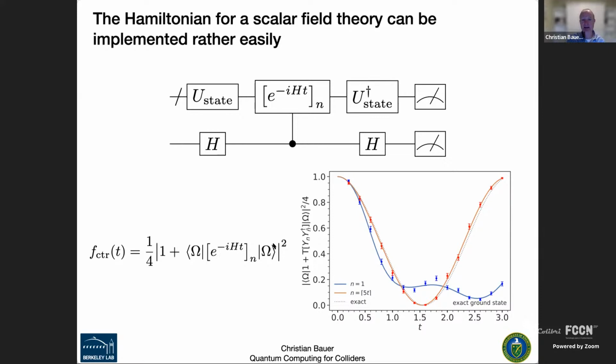That should just give me the energy of the ground state in a phase. So e to the i times the energy of the ground state times t. So this is an oscillatory behavior. And what you can see here in the dashed lines are the exact predictions, and in red are the simulated predictions with trotterization. So this works with these trotter steps. Here we used 5 trotter steps to do this simulation.